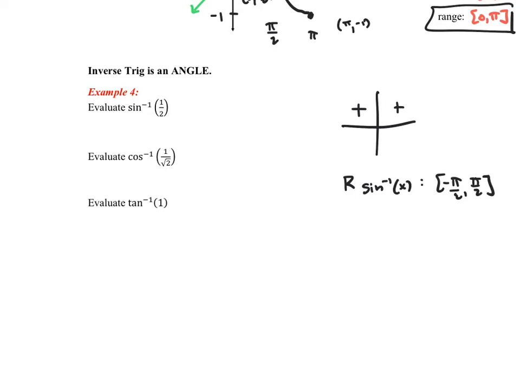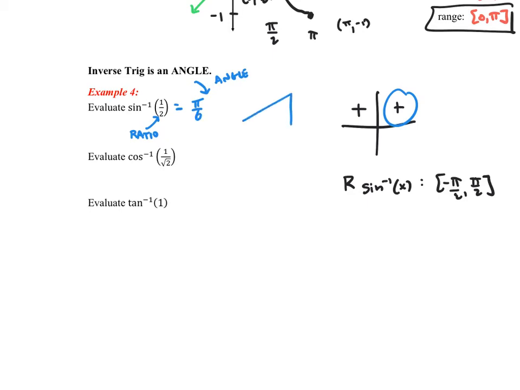So that isolates for us quadrant 1, right? So in quadrant 1, where is the sine 1/2? Since the input is a ratio, the output will be an angle. Okay, the outputs of inverse sine, cosine, and tangent are all angles. So what angle gives us a sine of 1/2? And that would be pi over 6.